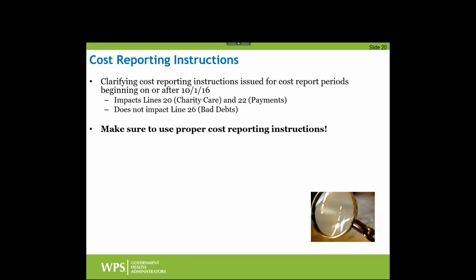And let's see, cost reporting question or instructions. I want to stress here that when we see the different cost reporting instructions, there are different time frames. We have those that were prior to 10.1.16, which again, we haven't been using for a while. Those are the old original ones. But then we have from 16 all the way through 2022, or 21, I should say.